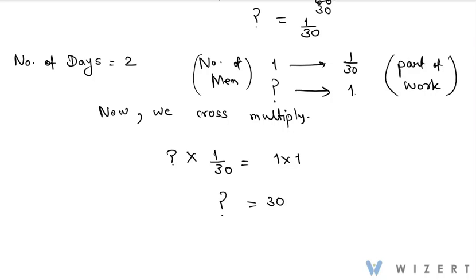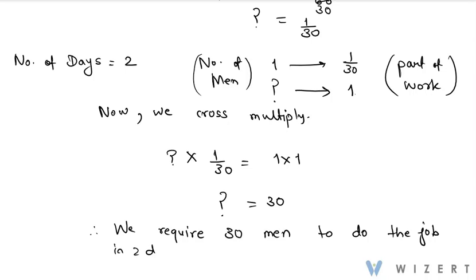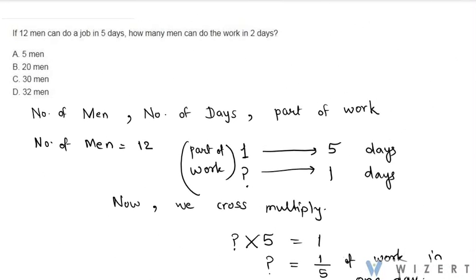So 30. Therefore, we require 30 men to do the job in 2 days. Let's see. Answer is option C.